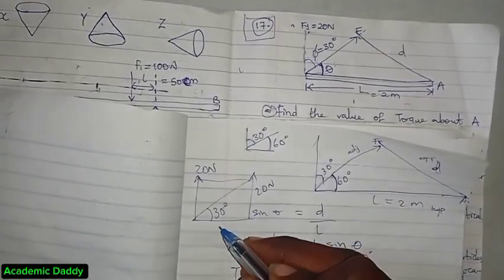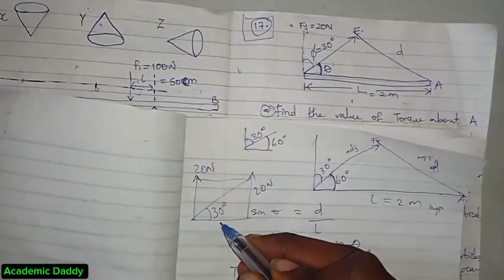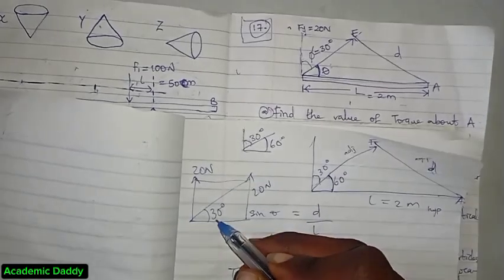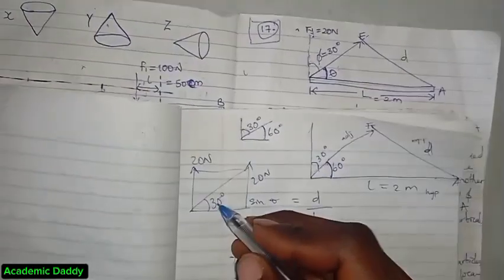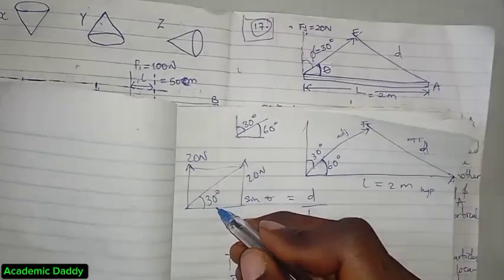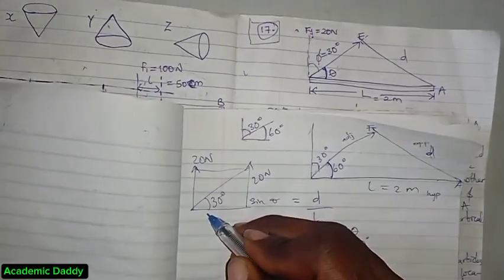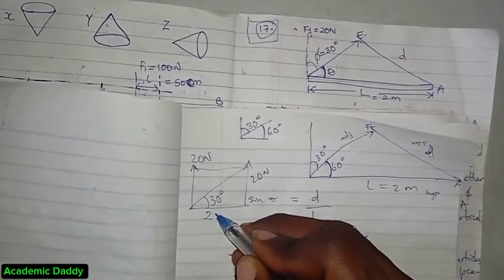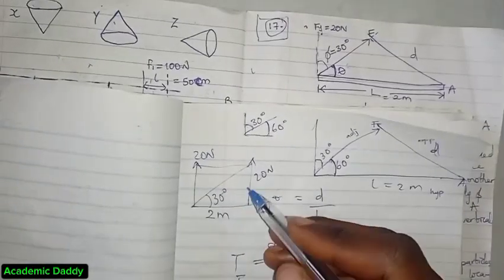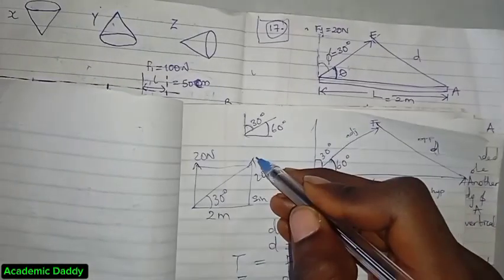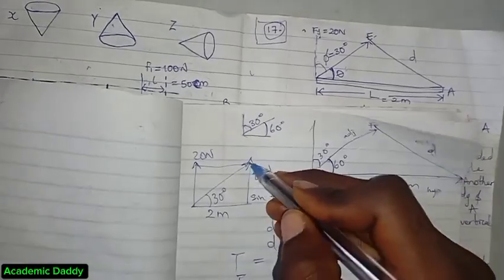Then down here, everything here is our length, which is 2 meter. Sorry. So if we do it properly, what we want to get is the hypotenuse.